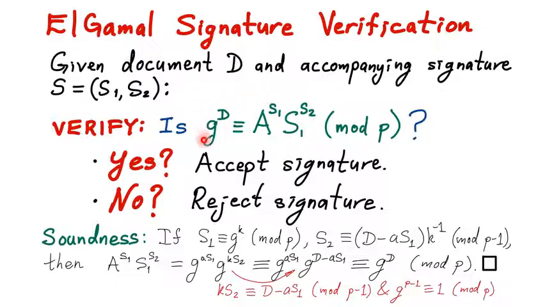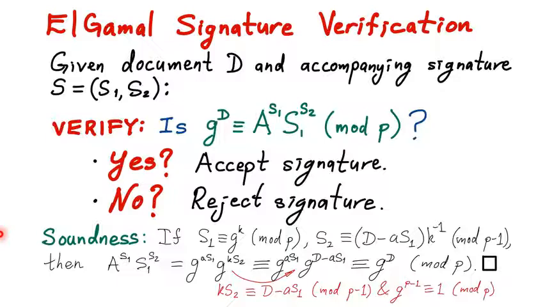As you can see, all of this involves only public information, the verification key capital A. The secret signing key little a is nowhere to be seen here. And of course, if this congruence holds modulo p, then we accept the signature. Otherwise, we reject it.